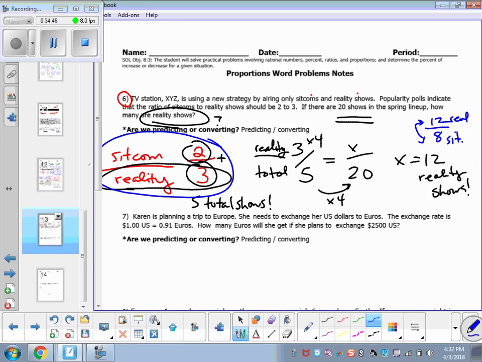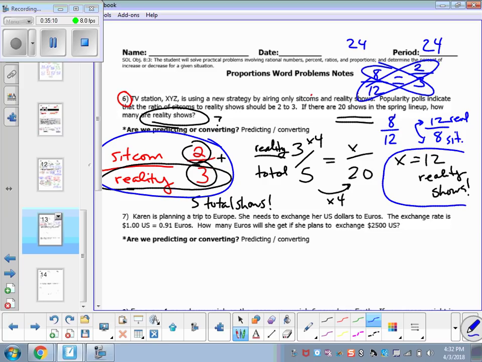Then we check: is this proportional to this? Yes. 24 and 24. So we know our answer is correct. 12 reality shows is correct.